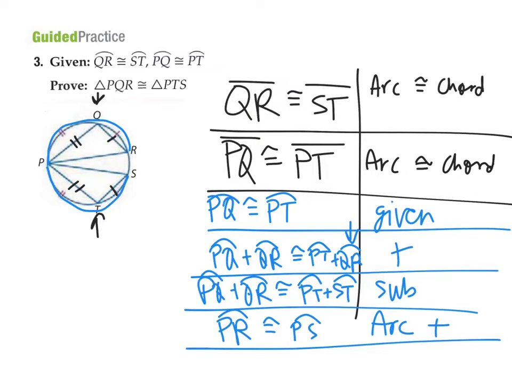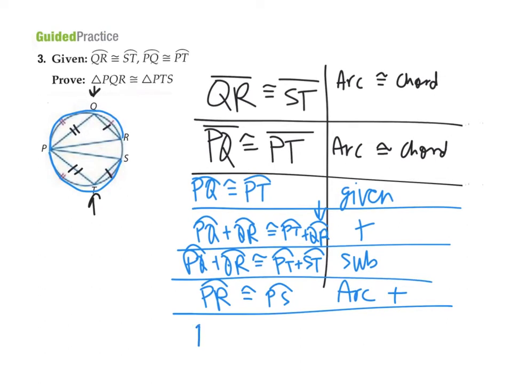So those arcs are congruent. Now, because arc PR is congruent to arc PS, we know that chord PR is congruent to chord PS, because congruent arcs have congruent chords.